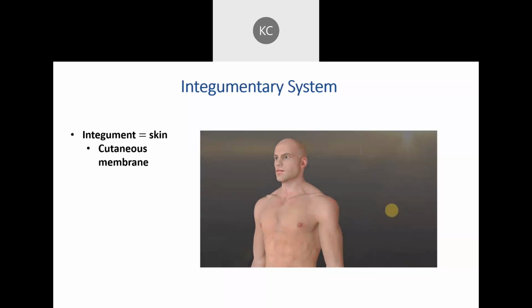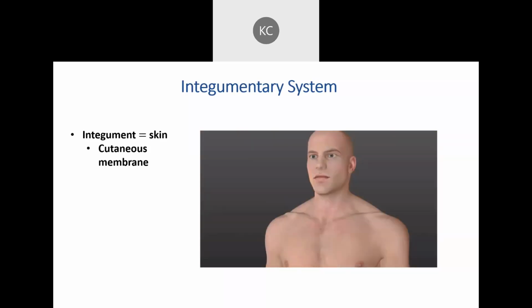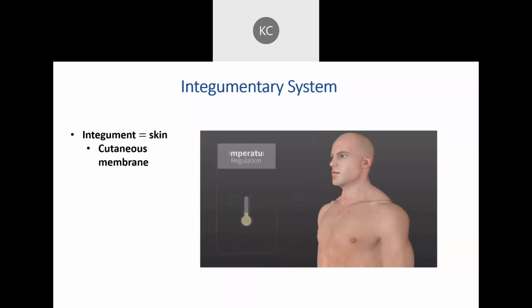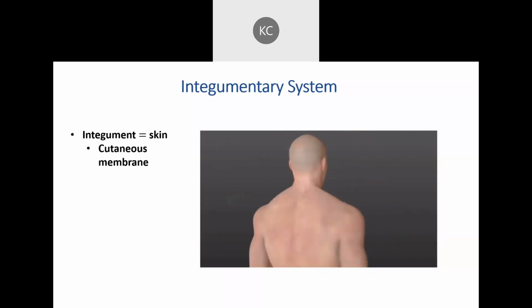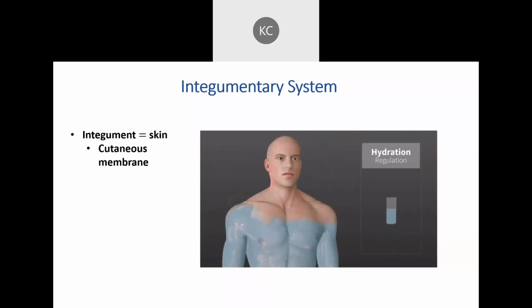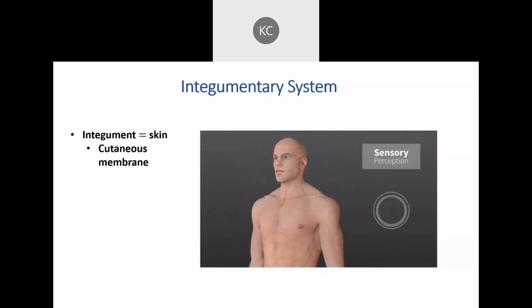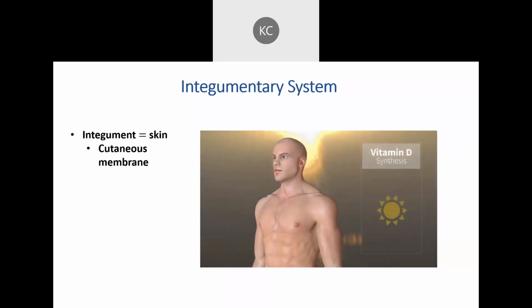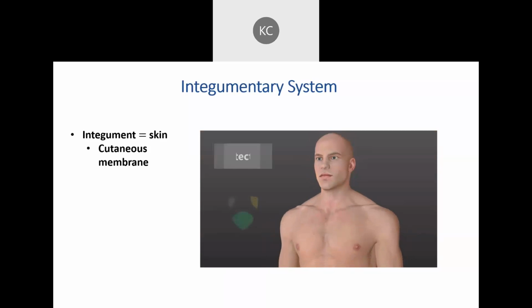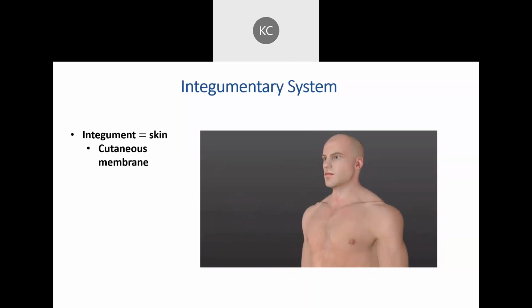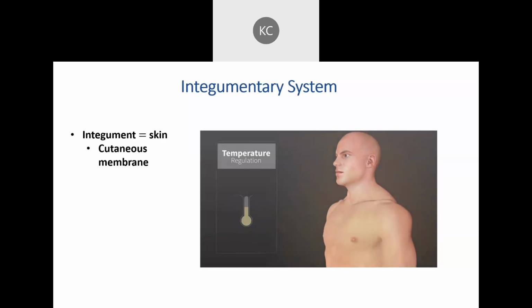The blood vessels in the skin can dilate or constrict in an effort to release additional heat or to retain additional heat. Going back to protection, the skin also produces melanin. Melanin is the pigment in our skin that gives it its pigmentation, and this can help protect our skin from harmful UV radiation.